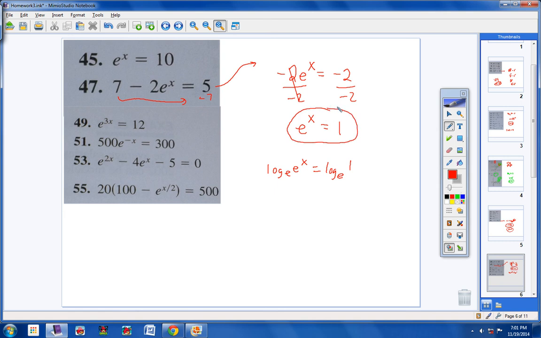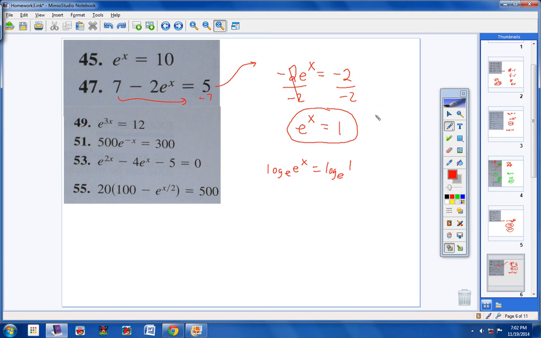What is the only thing that you can put in for x that would solve this equation? 0. e to the 0 power is 1. There's no other number that x can be. X has to be 0. Okay? So, e to the 0 equals 1. So, x has to be 0.